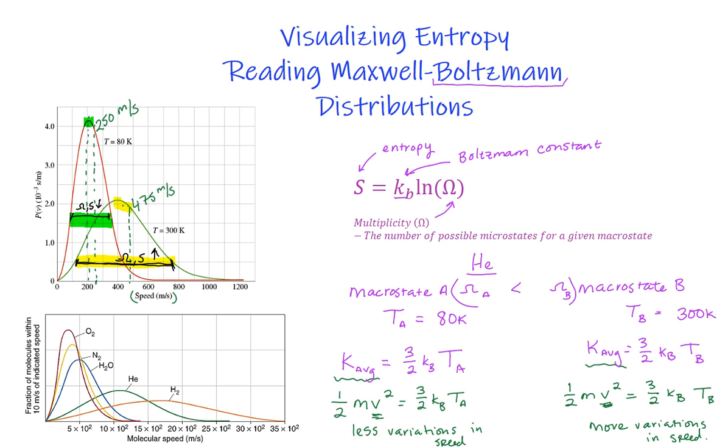Now, why does the peak increase as I move to the left? Well, if I'm comparing the exact same system here of the same number of helium molecules that obviously are going to all have the same mass, if we're comparing the two, that if I have more molecules moving at the same speed and less variation, so the peak gets narrower, the peak has to go up to represent the same number of particles.